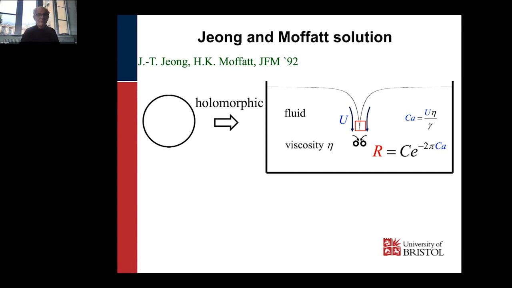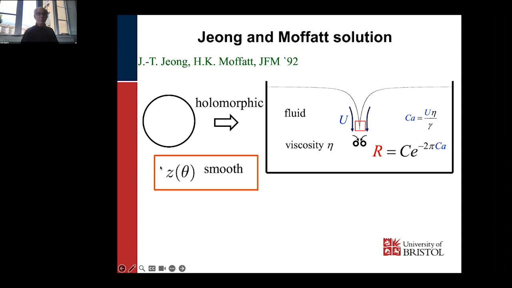Namely, they map the flow domain from a disk into the domain such that the radius here, the circle here, maps onto the free surface.